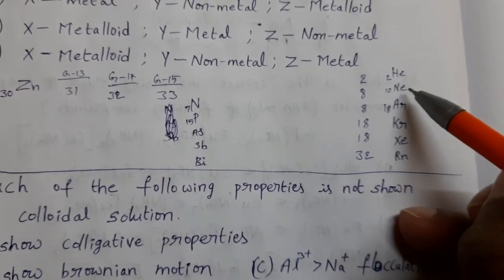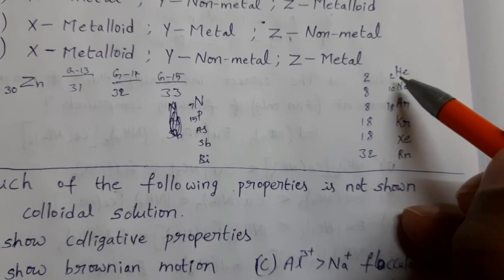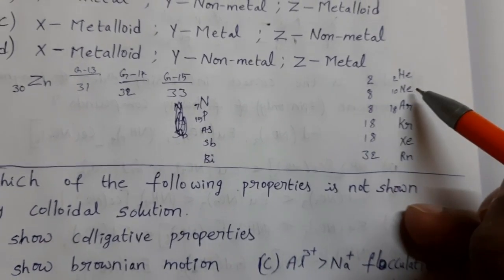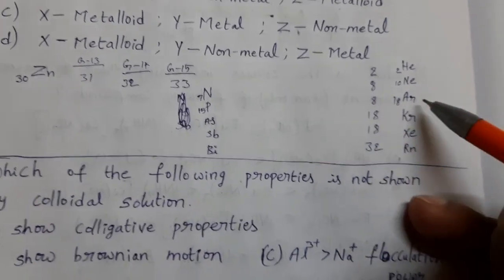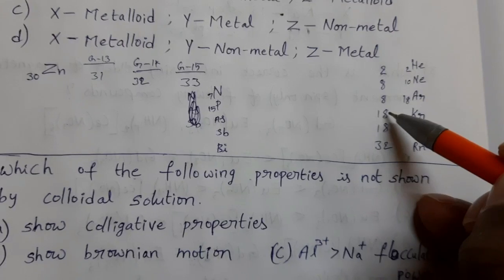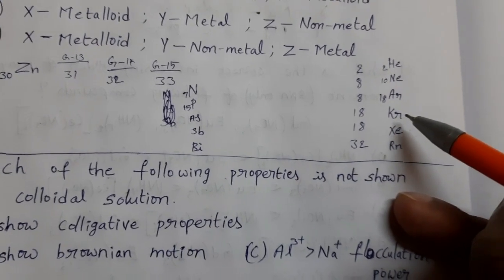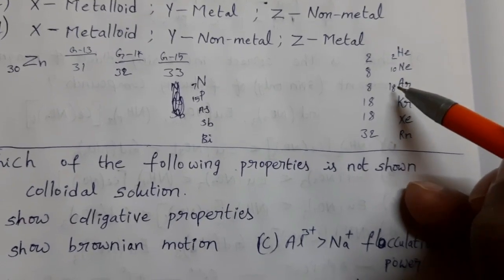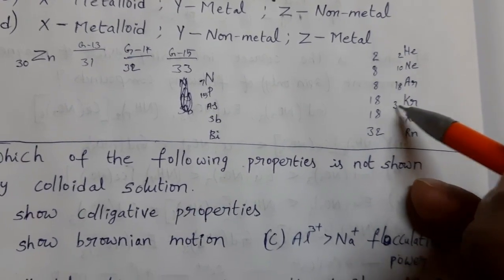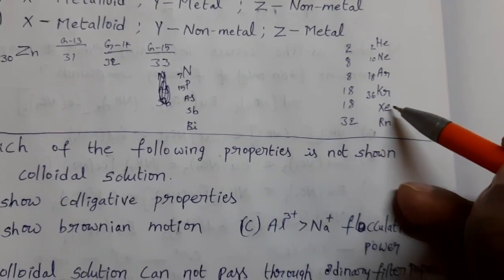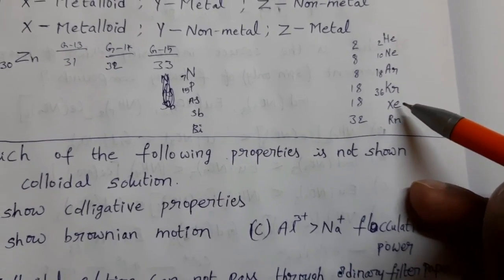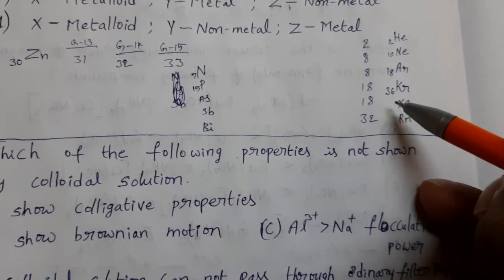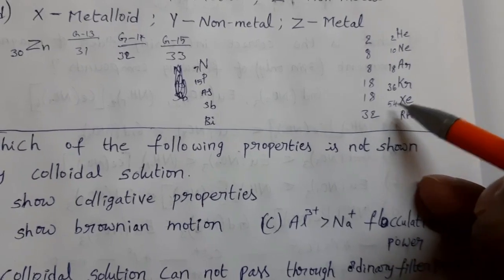Between helium and neon, what is the difference in atomic numbers? 8. Between neon and argon, 8. Between argon and krypton, 18. So to get the krypton atomic number, we have to add 18 to this number, then 36. To get xenon atomic number, we add 18 to this, 54.